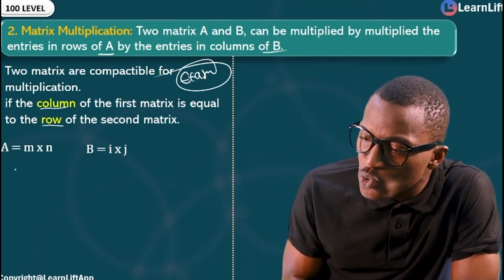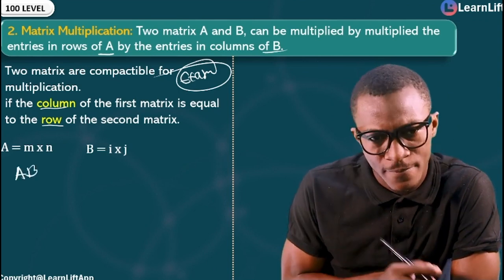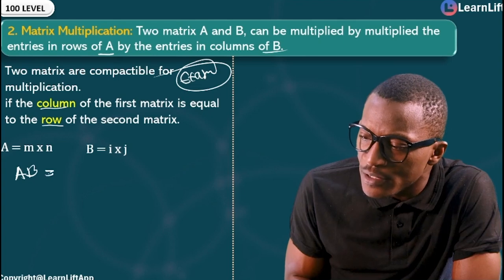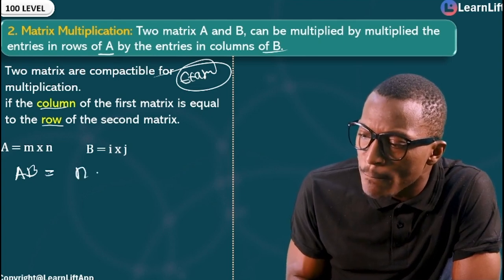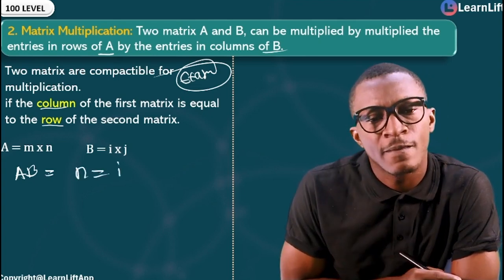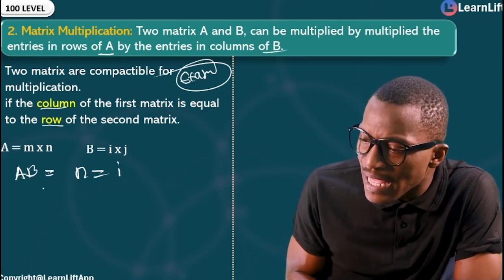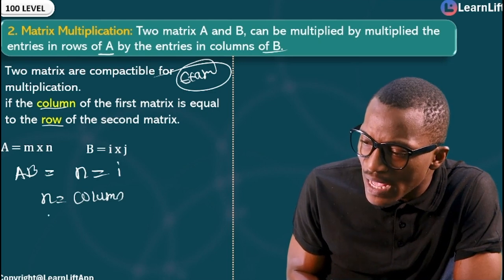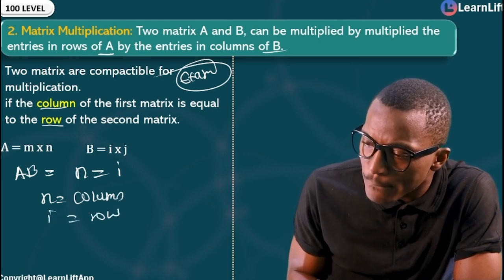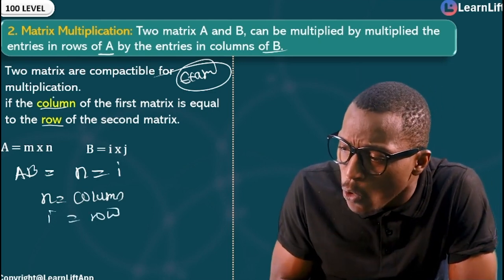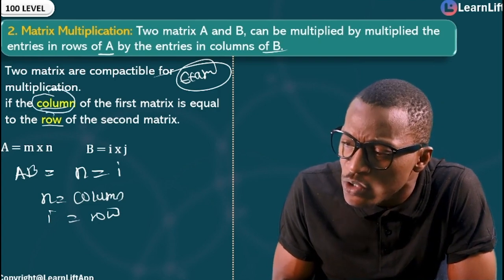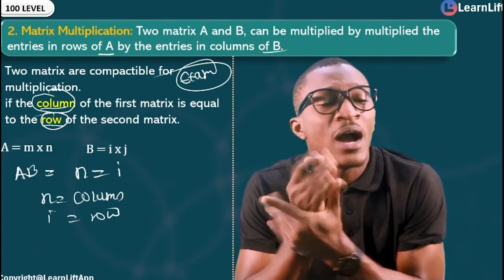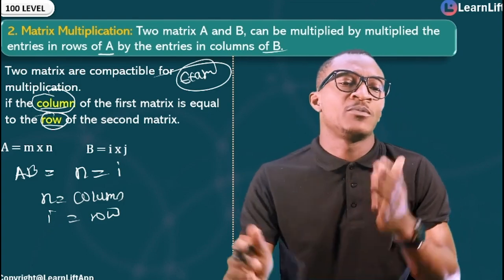For me to multiply these two matrices A and B, the number N must be equal to I. Remember that N is the column, while I is the row. The column of the first matrix must be equal to the row of the second matrix. If N is not equal to I, they are not compatible for multiplication.